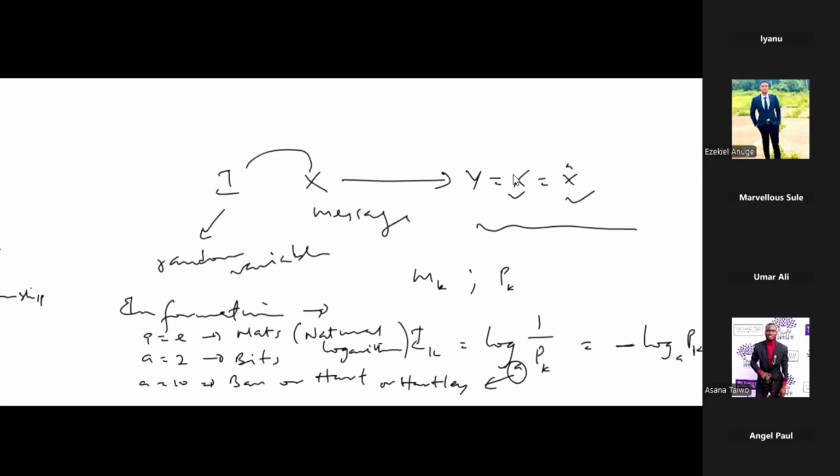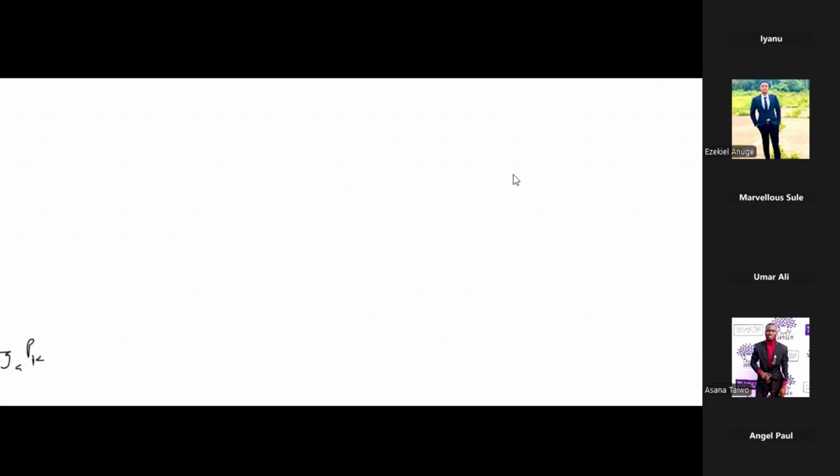Now, if indeed this gives us the idea about what information is, which is the measure of uncertainty associated with the transmitted message, let us try to verify these concepts. So let's assume that the probability of occurrence is equal to 1, meaning there is no uncertainty in the system.